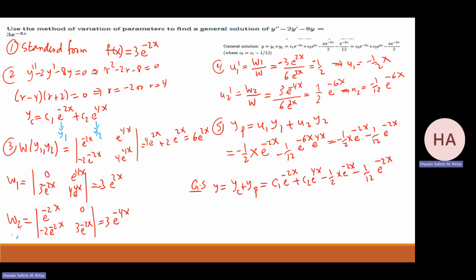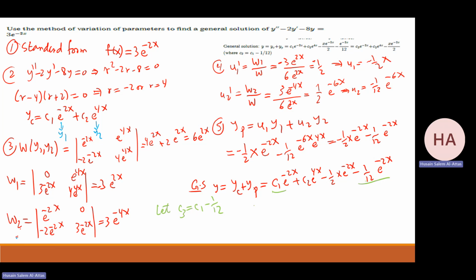Now, if we let C3 be C1 minus 1 over 12, these two I can combine into one constant.